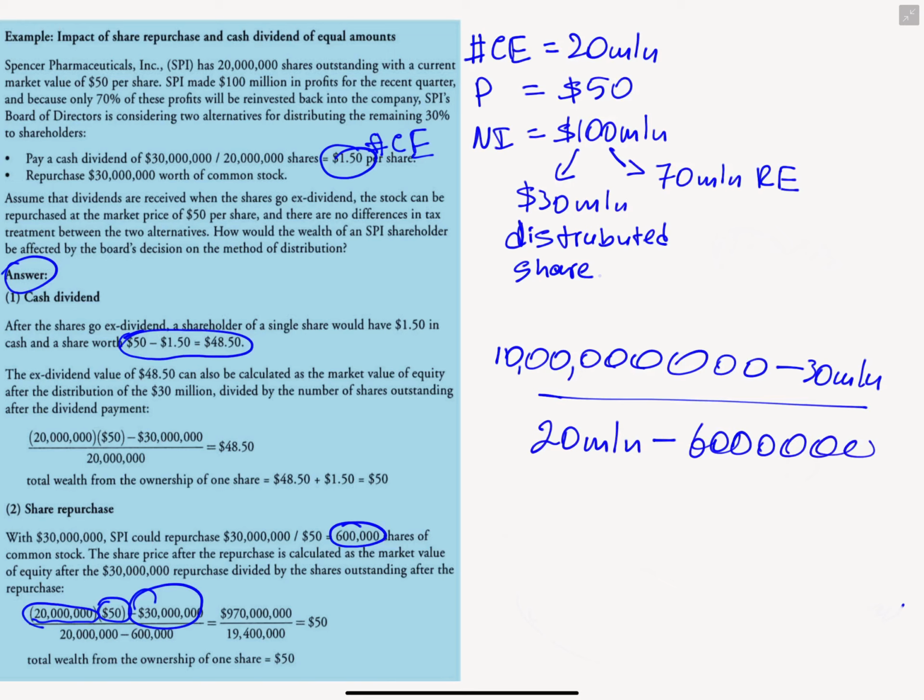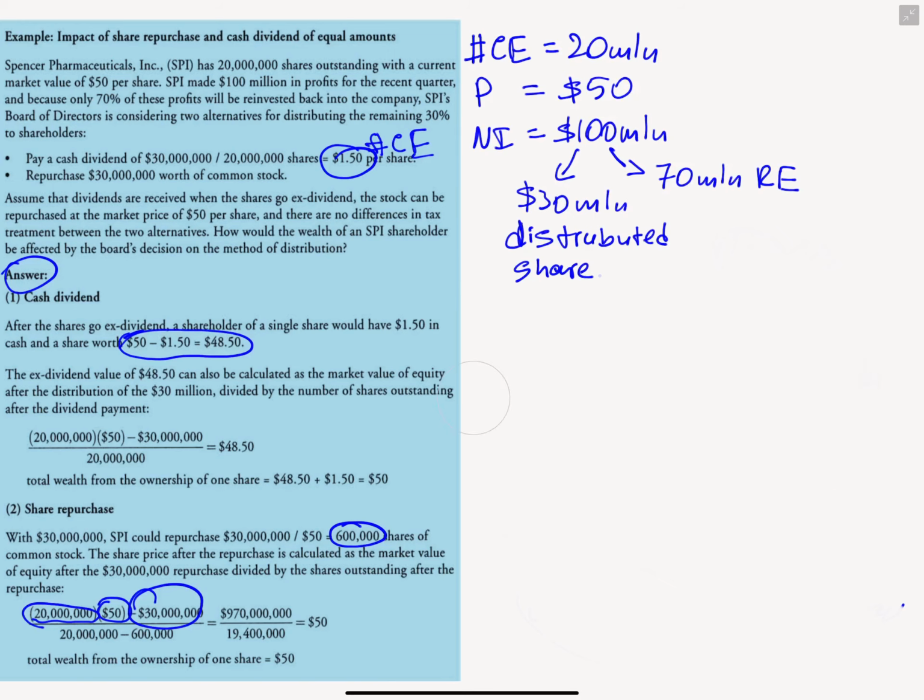Okay, minus 600,000. Like this is this example.